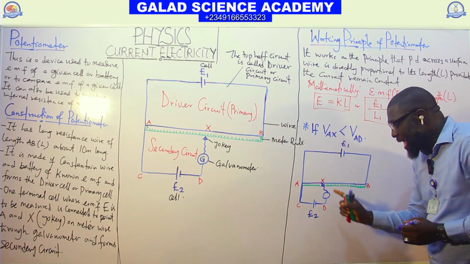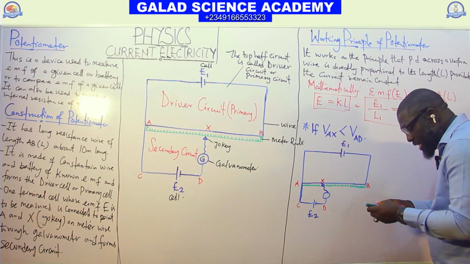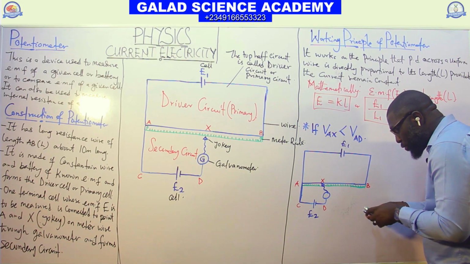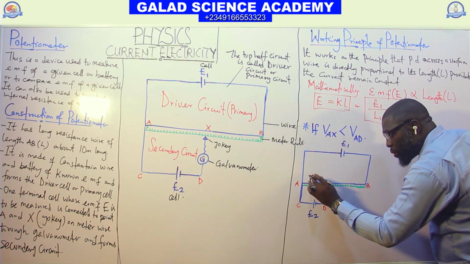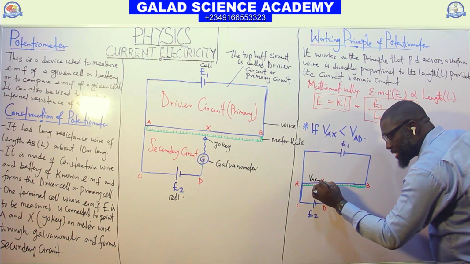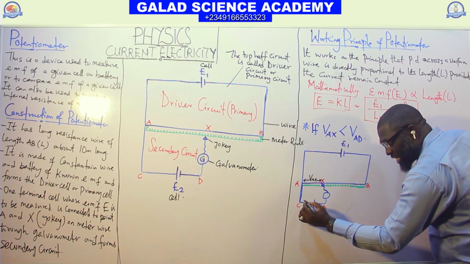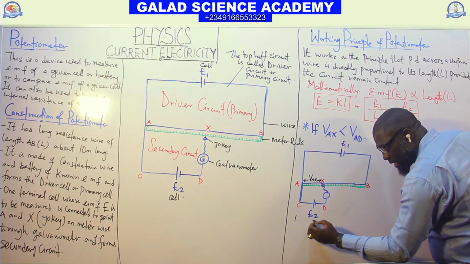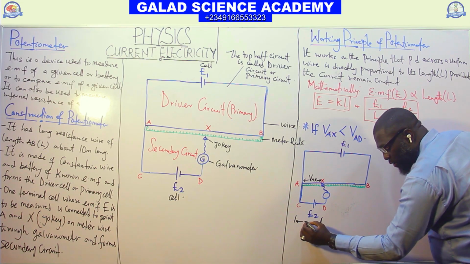What will happen here when the potential difference VAX is compared to the potential difference of CD?